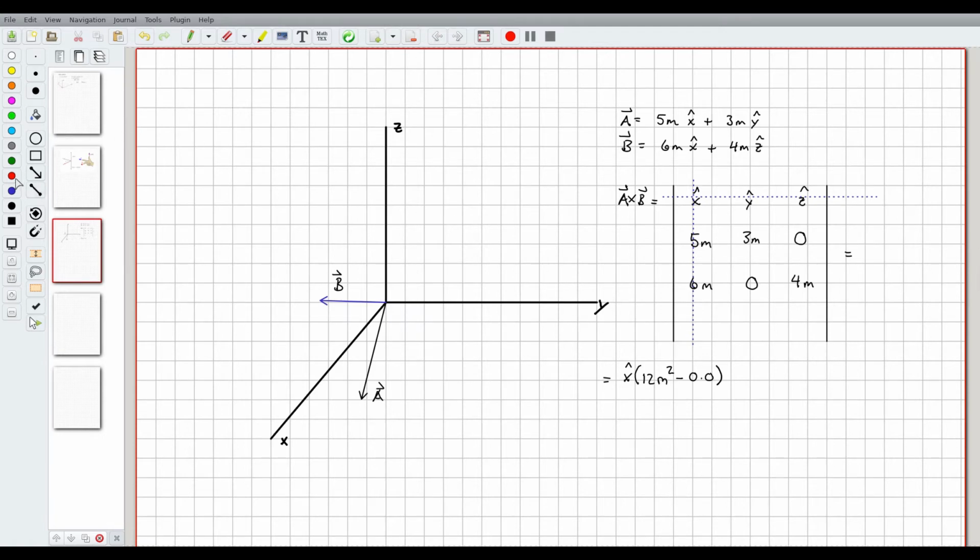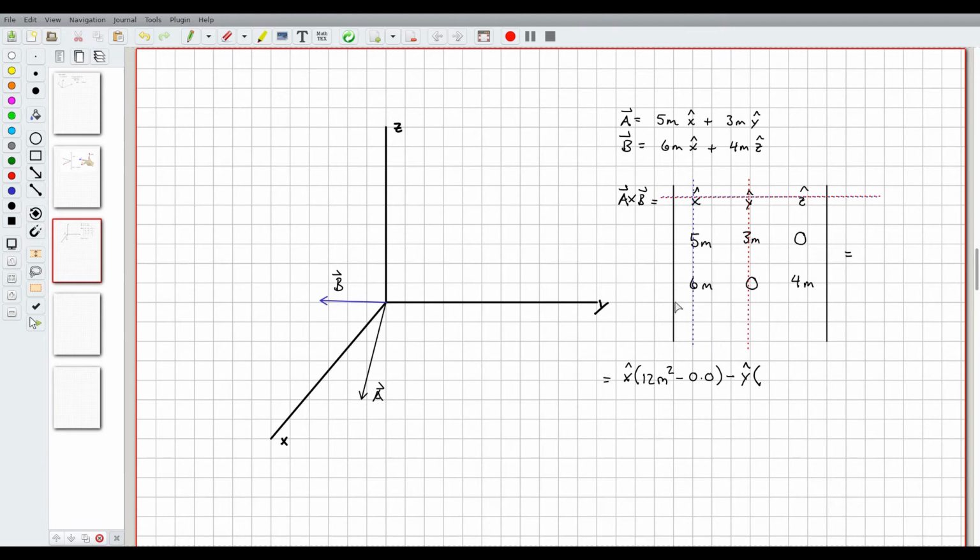The next thing we're going to do is to look at the y part. Now, let's block those out. If you put your finger over y, you block its column and its row. For the second one, for y, you put a minus sign and put y hat.